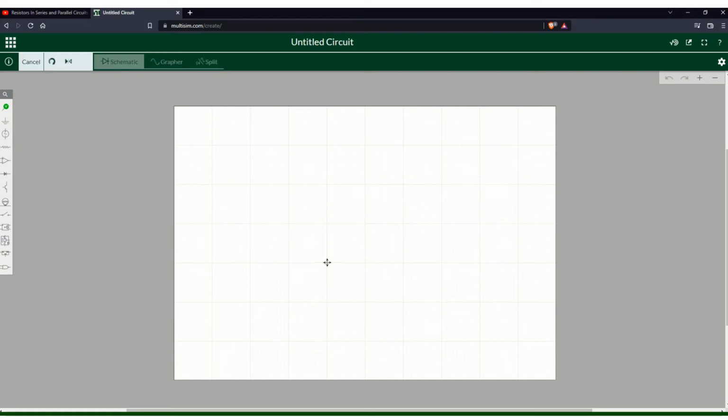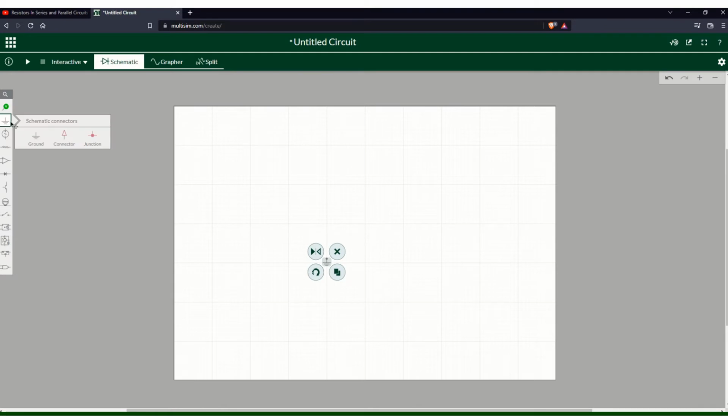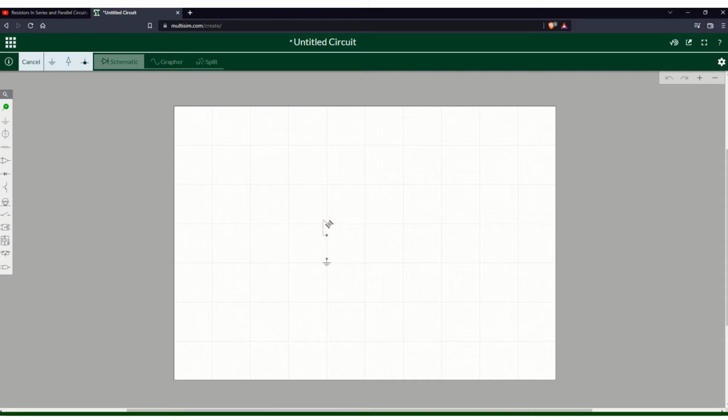So first we're going to start with the ground. And then we can have a junction here.